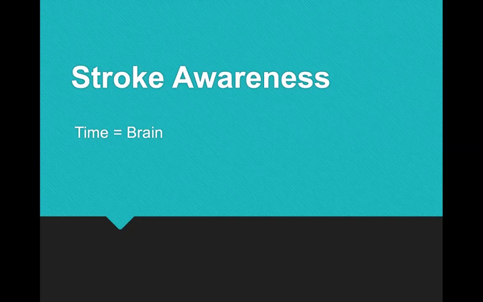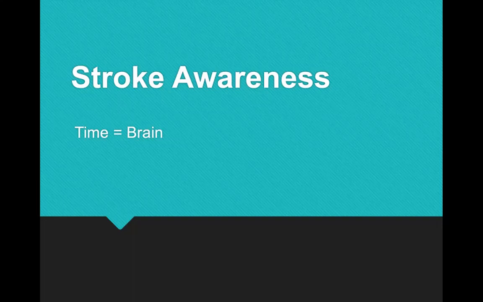We want to get them to the hospital as fast as possible when they are exhibiting signs and symptoms of a stroke. So asking really good questions as far as when did this set on, how long has it been going on, what happened, and getting a really good history of it and doing that quickly is important.